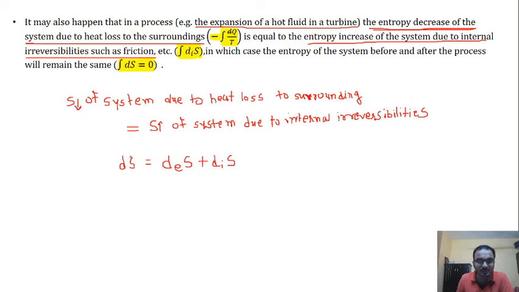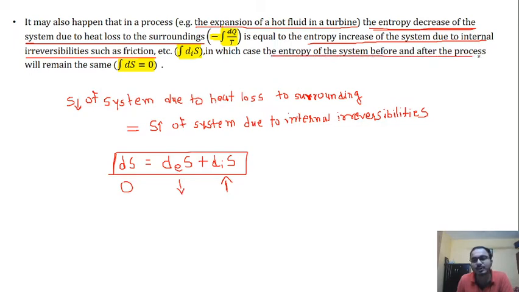So if you recall this formula that we studied in our previous slide, that whatever decrease we are observing due to this heat loss to the surrounding is equal to the increase of entropy due to the internal irreversibilities such as friction. So the overall effect comes to be 0. So that's why in this case the entropy of system before and after the process will remain same, that is the integration of ds is 0. So you can pause this and write down this if you want, because I am erasing this part.